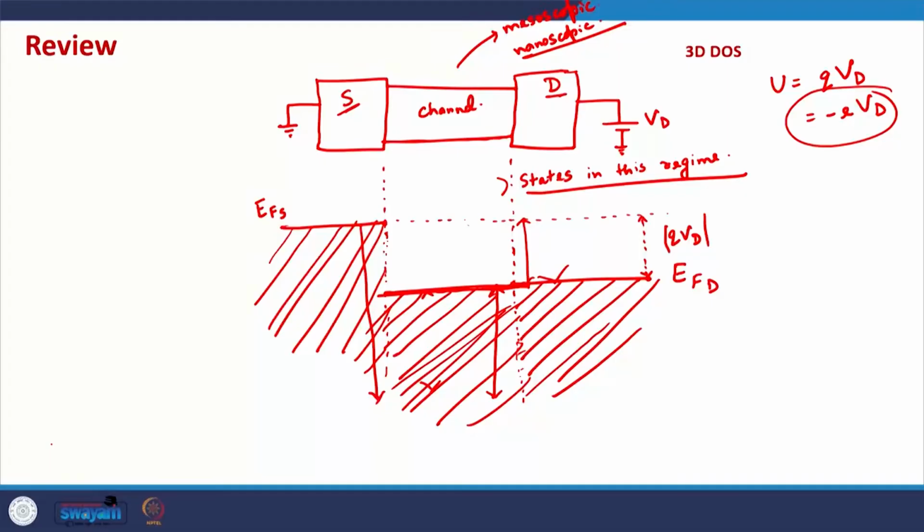So the conduction does not happen just because we apply a certain voltage, and that is especially true in mesoscopic or nanoscopic devices. In addition to an applied voltage, we need electronic states in this region, the region between the source Fermi level and the drain Fermi level. We need allowed electronic states in this region.